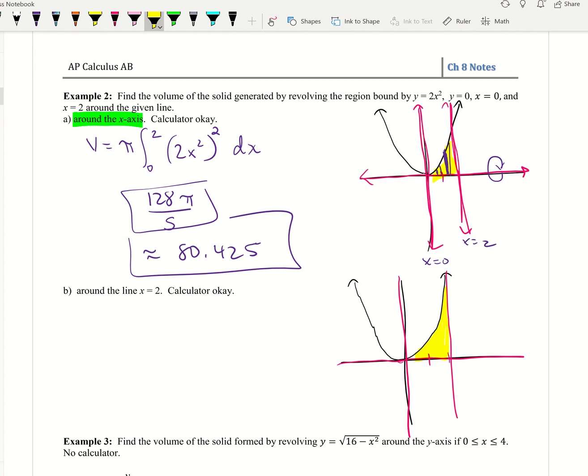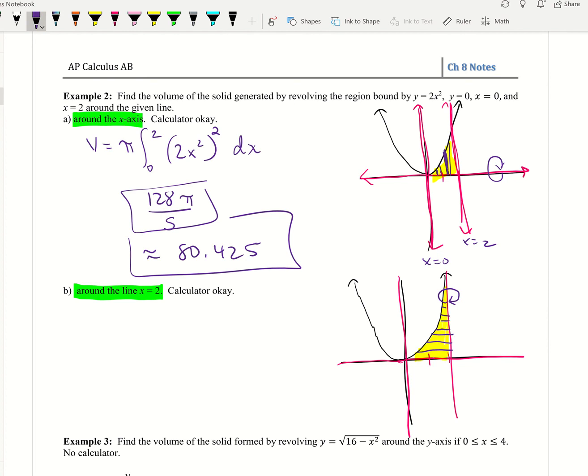Now, interesting enough, this time I'm rotating this around a vertical line, around x equals 2, like this. My radii need to be drawn from my curve to the axis of rotation, which I want you to notice. My radii are now drawn horizontally this time. This would be the radii, like that.